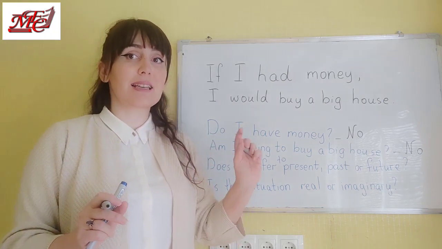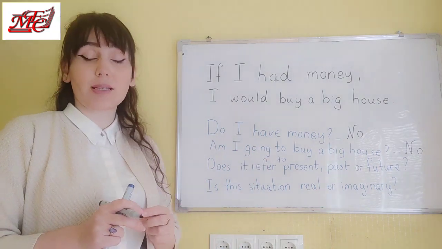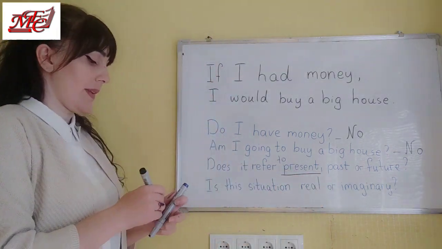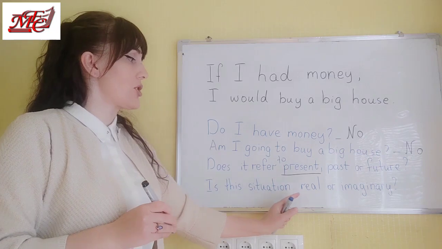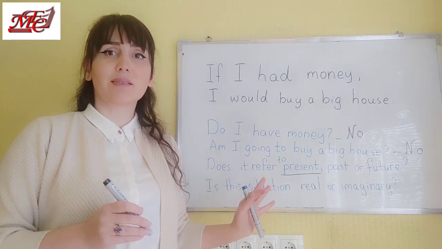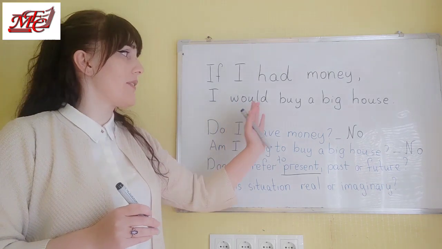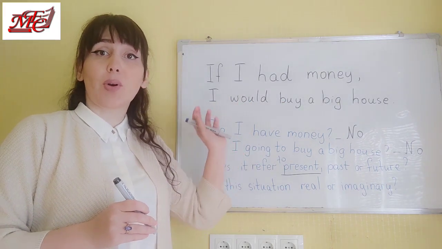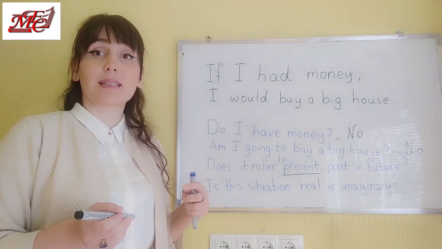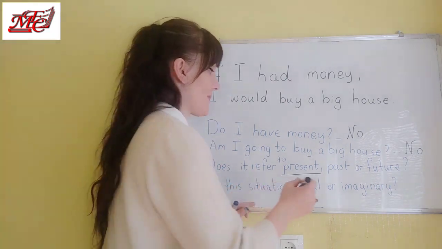It means that the sentence refers to present. Yeah, to present. Okay, is this situation real or imaginary? Is it real? Do I have a big house? Or do I have money? No, yeah? So this sentence is imaginary.